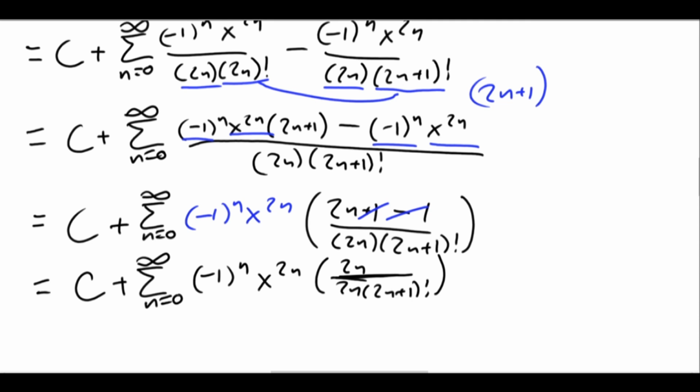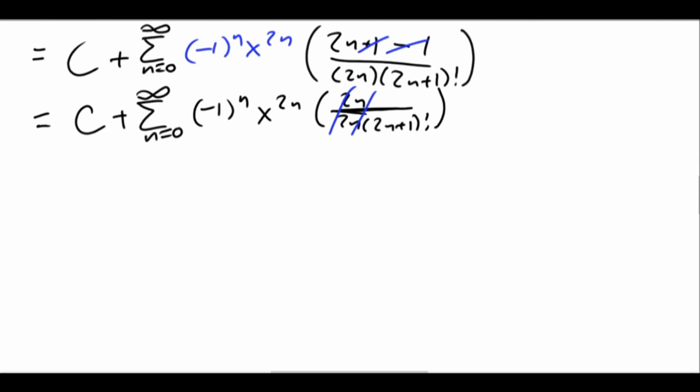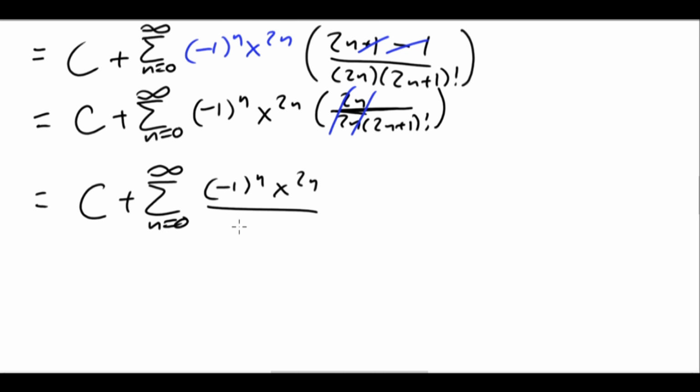We can see that the 2's divide out, the n's divide out, the 2n divide out. So we've divided out both of these terms, which leaves us with a pretty simple summation here: c plus the sum from n equals 0 to infinity of negative 1 to the n, x to the 2n divided by 2n plus 1 factorial.